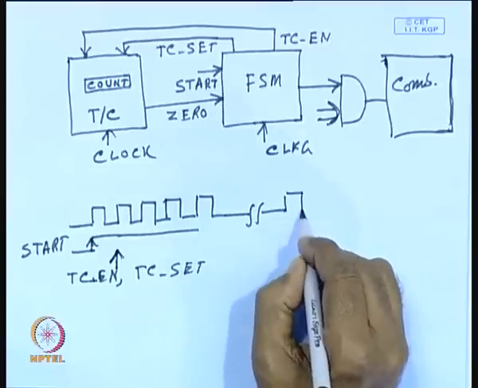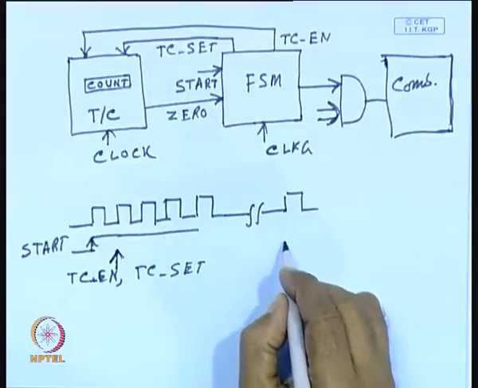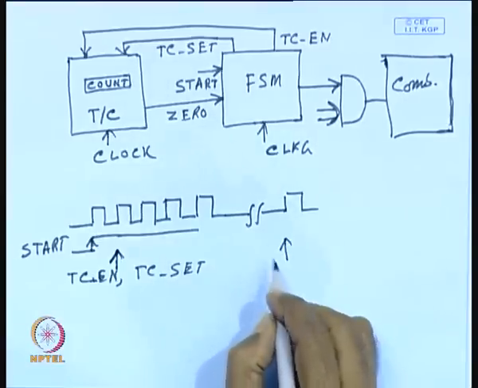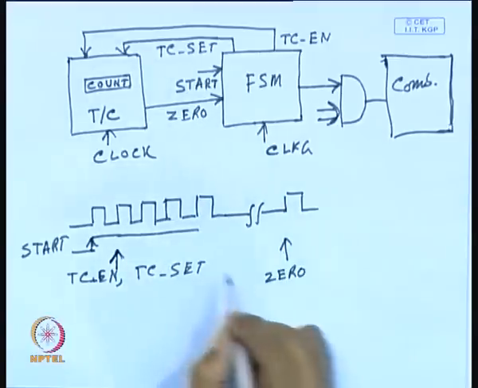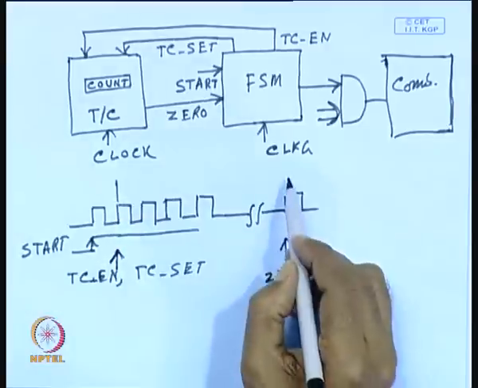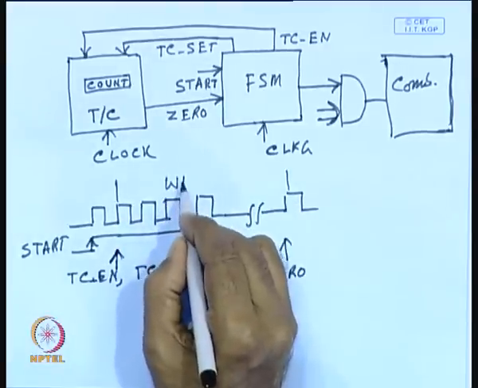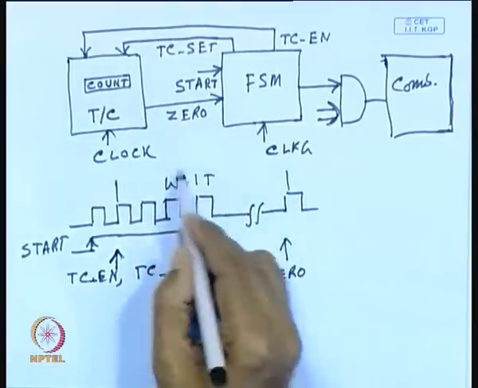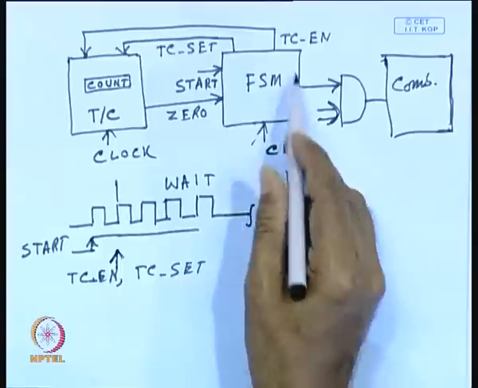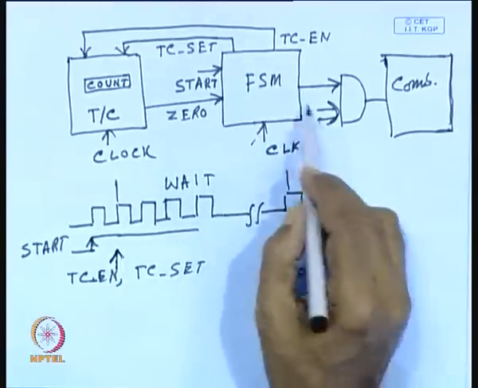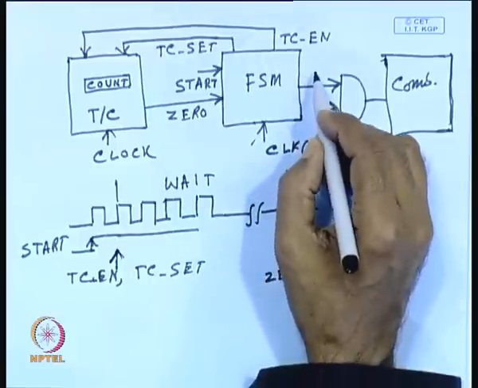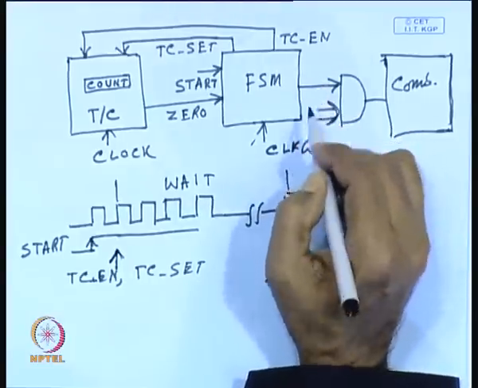So, you can see this can go on, and let us assume this is the point where the 0 signal is generated. So, this duration is essentially the wait signal, and during this period this clock is disabled and the finite state machine remains in the idle state, and the clock is also inhibited because this output signal is not generated.